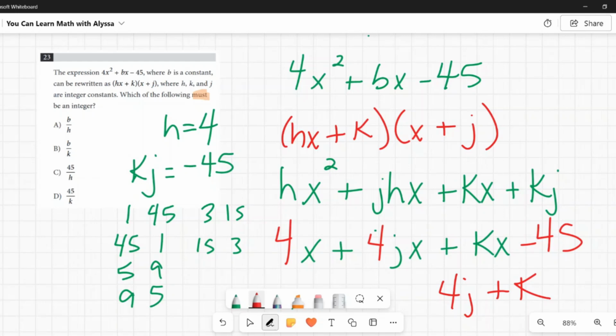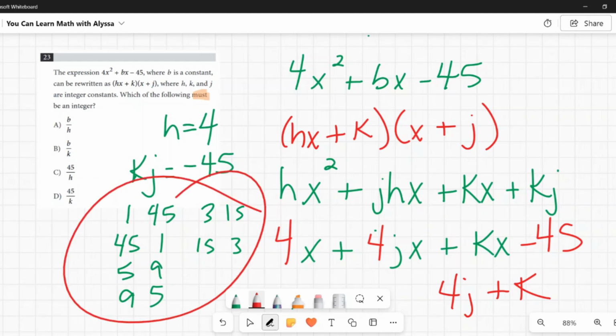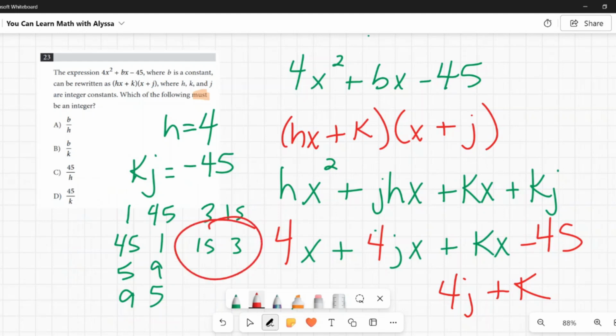How do I know that that's divisible by 4? I don't. In fact, it's pretty unlikely, looking at what j and k could be. If I plugged in 15 or -15 for j and a 3 for k, I'm getting an odd number. So already, with just one example, I can tell this must not be true.